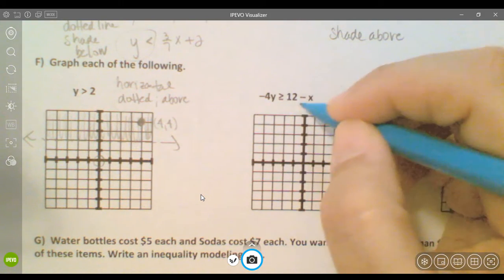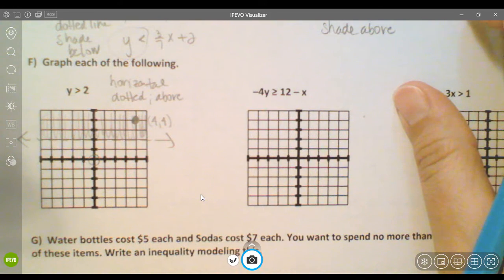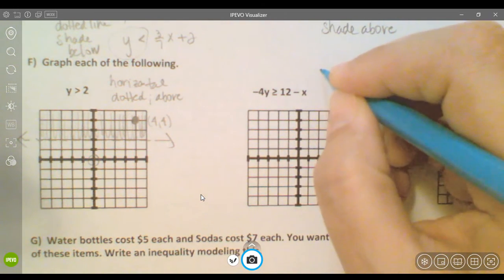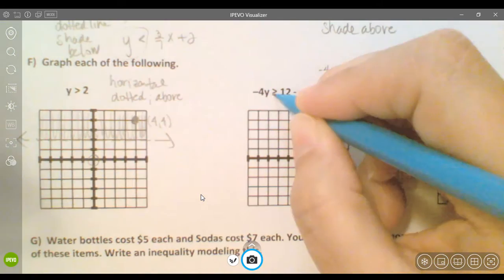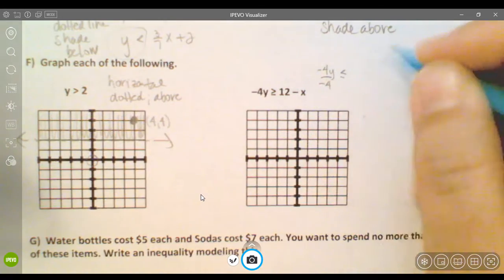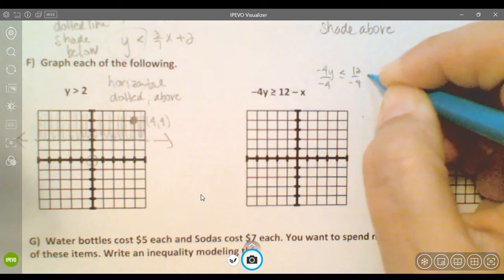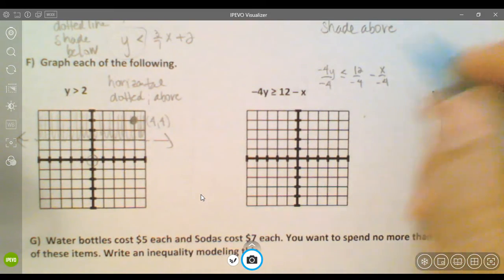Okay, let's look at this one. This one, I need to solve this for y. So let's divide everything by -4. So we have -4y divided by -4. Our inequality turns around, remember. We get 12 divided by -4 minus x divided by -4. Yeah, I should have turned that around already. It's okay.